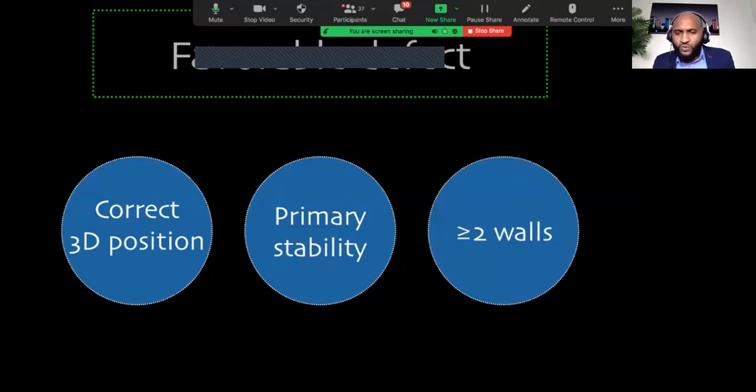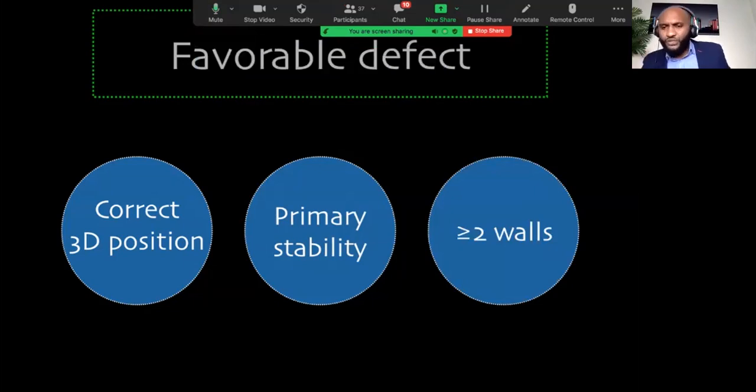And in the event you end up with a defect, you will have at least 2 walls available. Those walls provide nutrition. They provide new cells, they provide blood, all those things required when you're regenerating a site. So a favorable defect is characterized by those 3 situations.